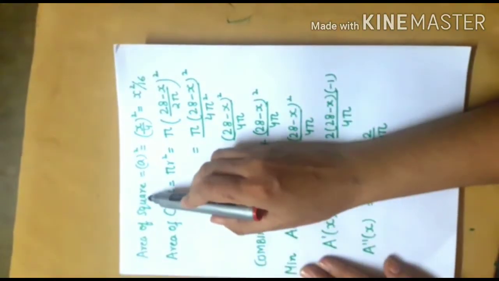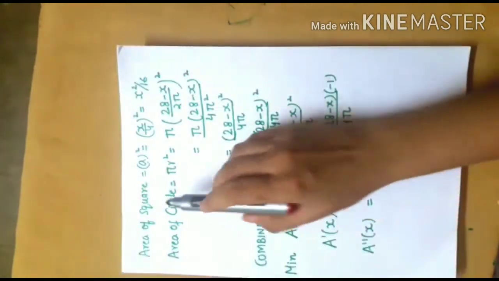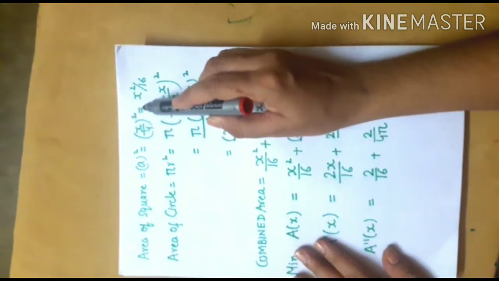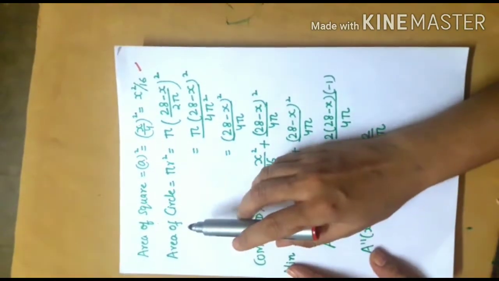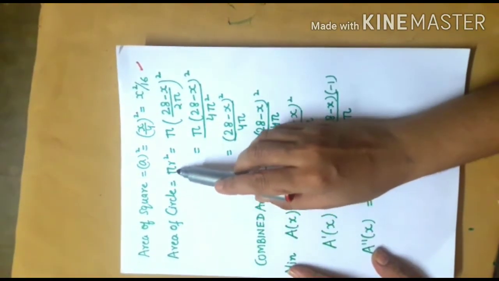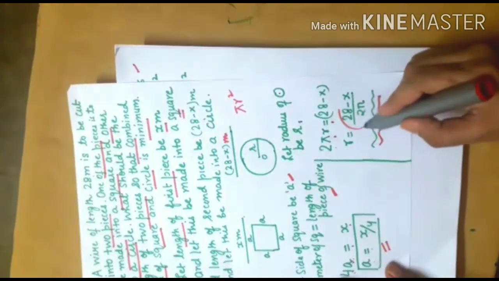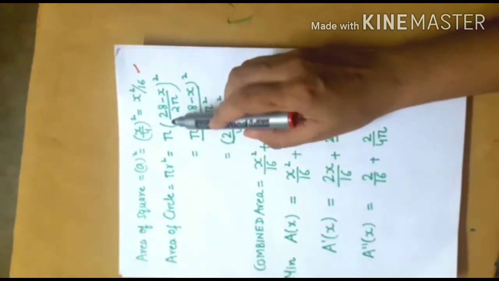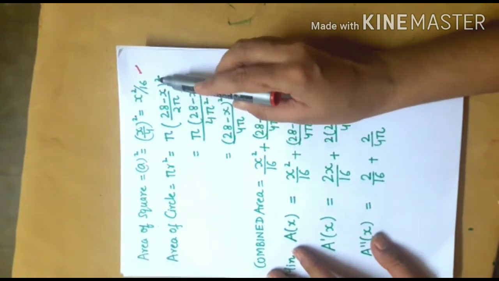Now, area of square will be a squared, and the value of a is x over 4. So area of square will be the square of x by 4, that is x squared over 16. Similarly, area of circle is pi r squared, where r is equal to 28 minus x over 2 pi. So pi into (28 minus x over 2 pi) whole squared.